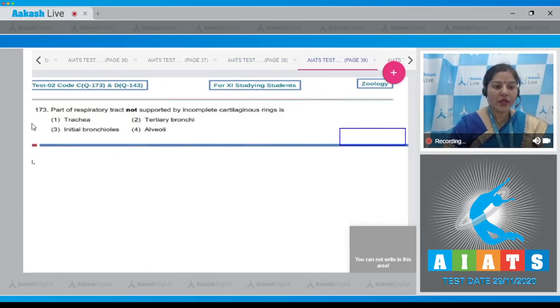Question number 173. Part of respiratory tract not supported by incomplete cartilaginous rings is, and the options given are trachea, tertiary bronchi, initial bronchioles, and alveoli.